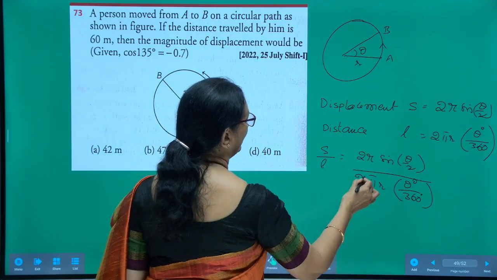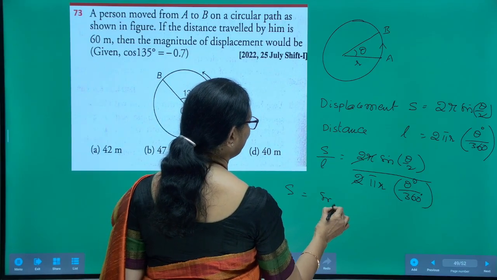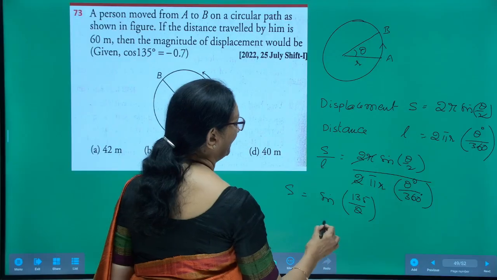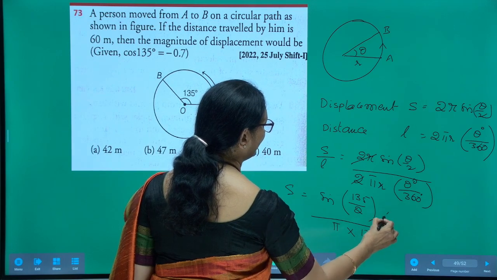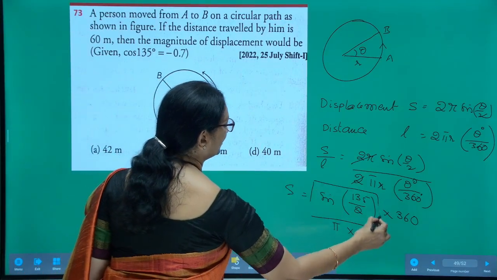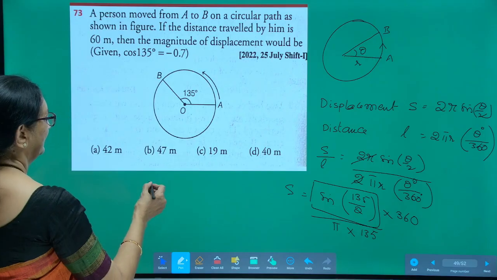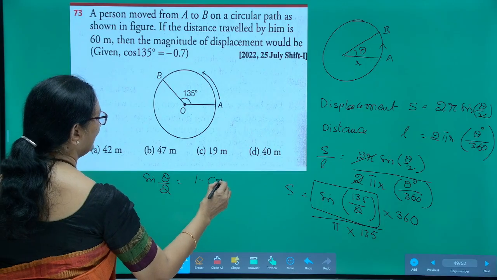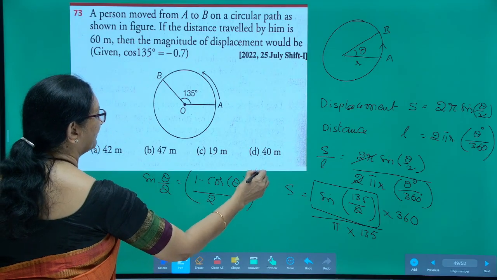Okay. So this and this get cancelled. So S is equal to sin theta by 2, sin 135 by 2, divided by pi into theta, 135 by 360. Here the challenge is how to find the value of sin 135 by 2. So sin theta by 2 is equal to (1 minus cos theta) whole thing divided by 2, to the power of half.